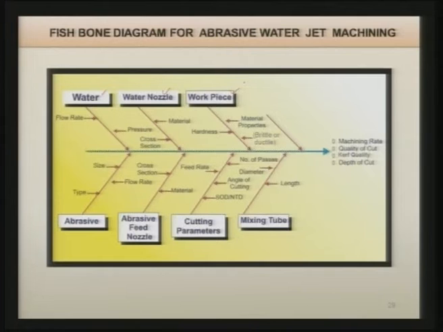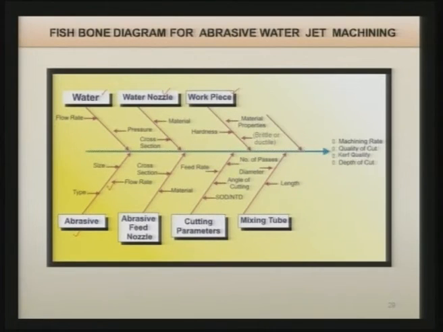Then the workpiece, whether it is brittle or ductile, that will decide the material removal rate and the mechanism of material removal also. Then you have the abrasive particles, size of the abrasive particles, what is the absolute size or mesh size of the abrasive particles is important, whether they are coarse or they are fine, and type of the abrasive, whether it is silicon carbide, alumina or other type of the abrasives.